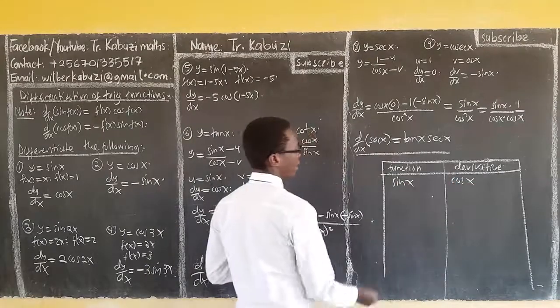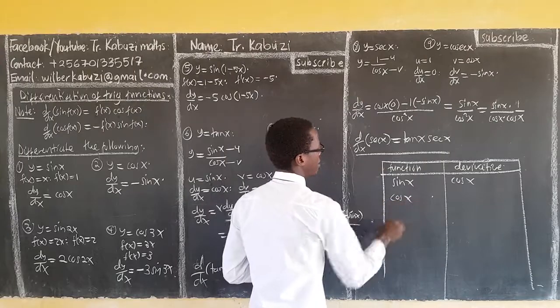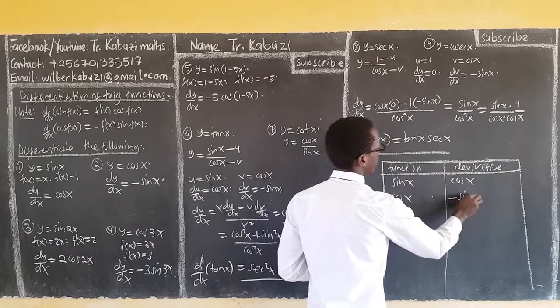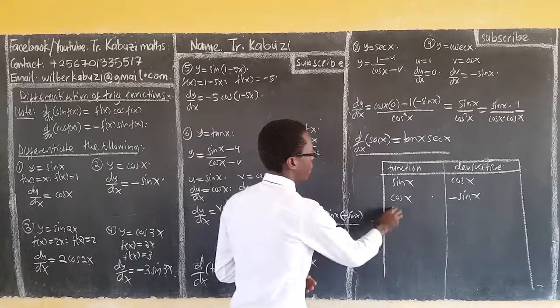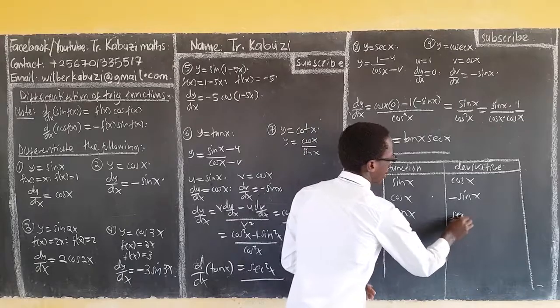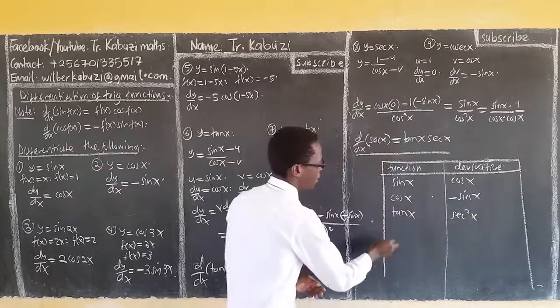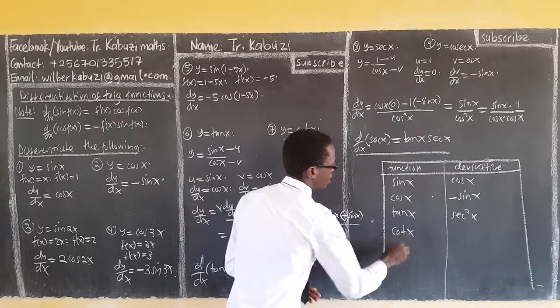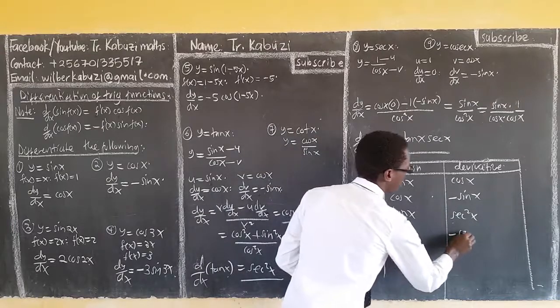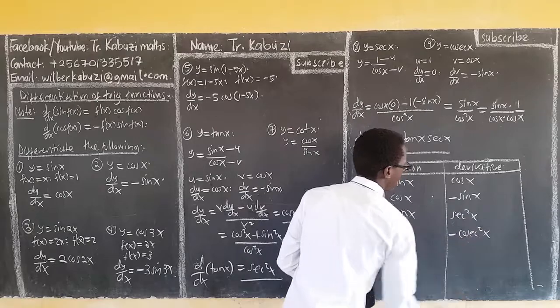If we have cos x, the derivative is negative sin x. If we have tan x, the derivative is sec squared x. If we have cot x, we will work this out; the answer I'm expecting is negative cosec squared x.